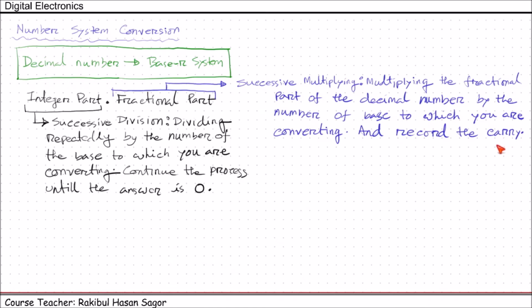Let's see some examples, then the process will be clear to all of you.